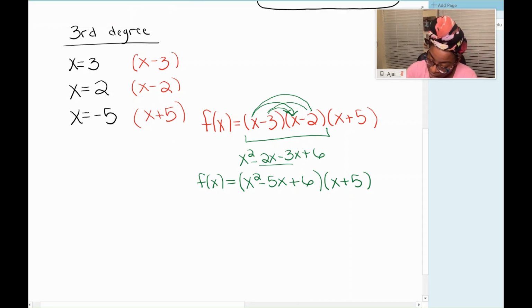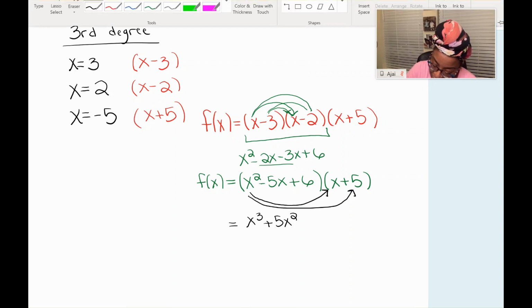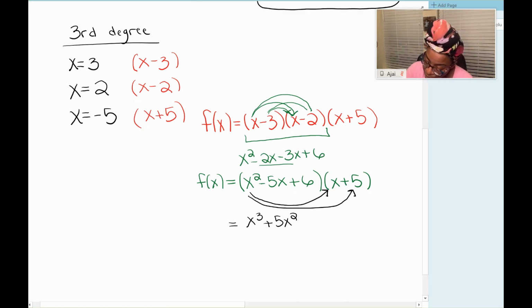Let's start with black. So I'm going to take this first number and I'm going to multiply here and I'm going to multiply here. Okay, 2 different spots. So that's going to give me x to the third, and that's going to give me plus 5x squared. Okay, then I'm going to choose a different color just to keep things organized here. So I'm going to take the negative 5x and I'm going to multiply here and here, 2 spots.